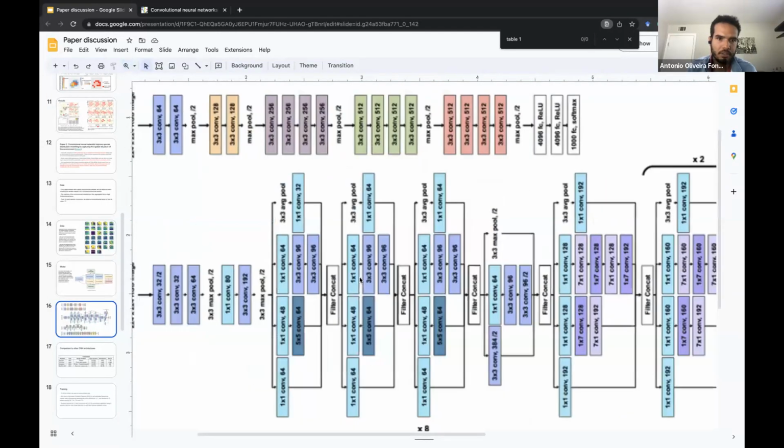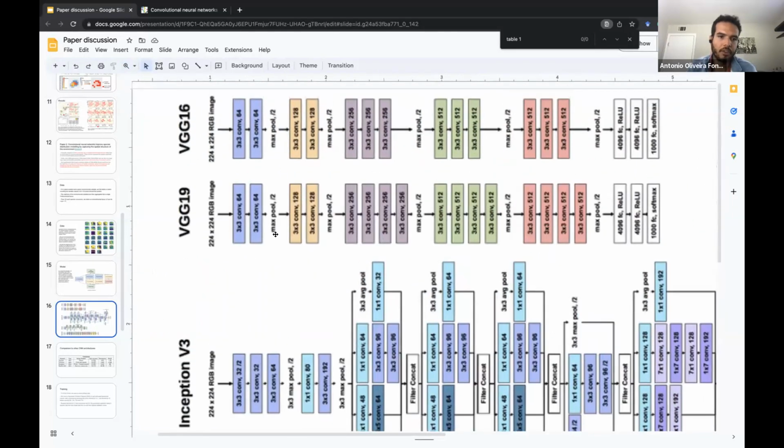That's the type of architecture that we have discussed the most, right? You have the input image, then convolution, max pooling, convolution, max pooling, all the way down here, where finally, after a series of convolution layers and max pooling operations, you have the fully connected layers.